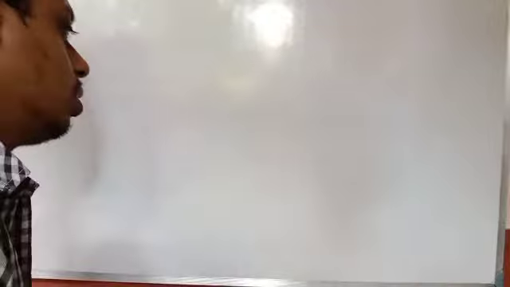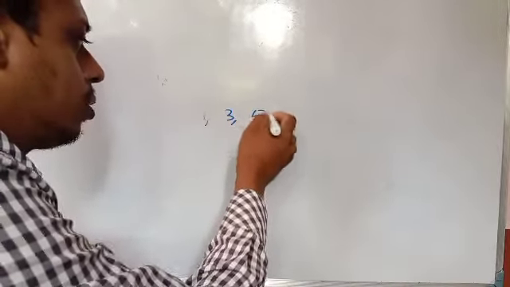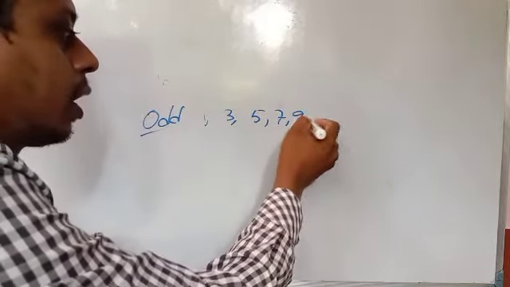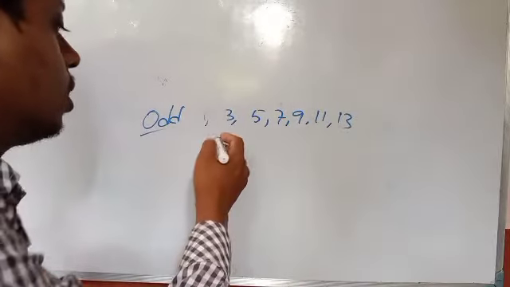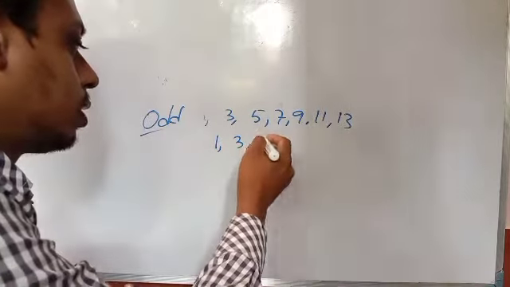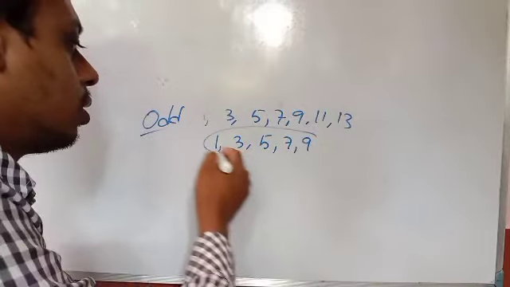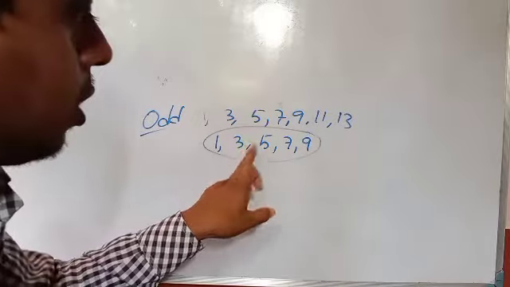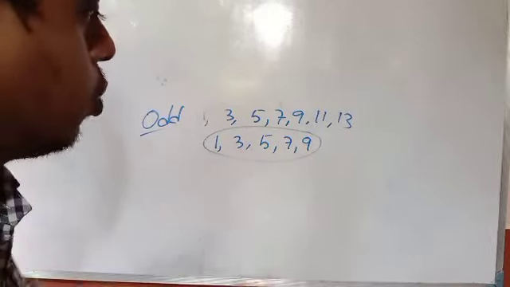In case of odd numbers, 1, 3, 5, 7, 9, 11, 13. This way you will get all the odd numbers. In case of odd numbers, you will find that the last digit, or unit digit, will be either 1, 3, 5, 7 or 9. So if the one place has either 1, 3, 5, 7 or 9, then the number will be an odd number.